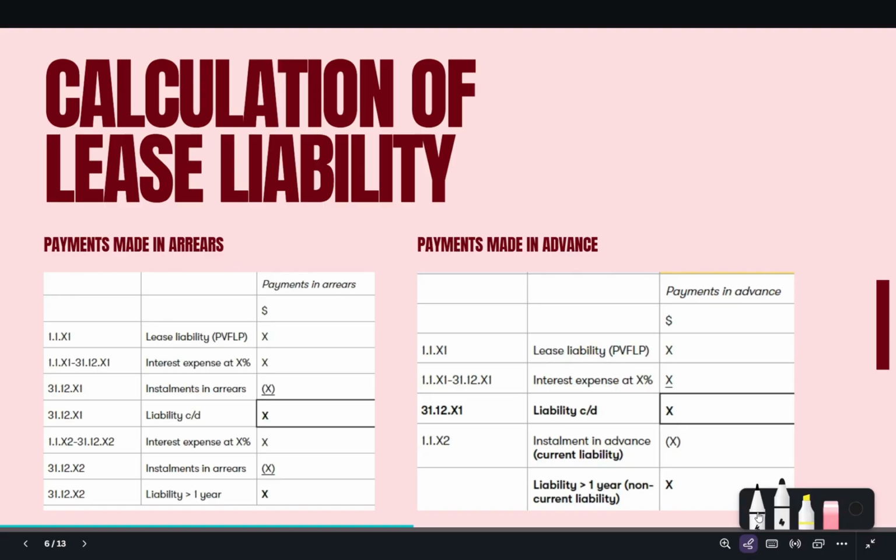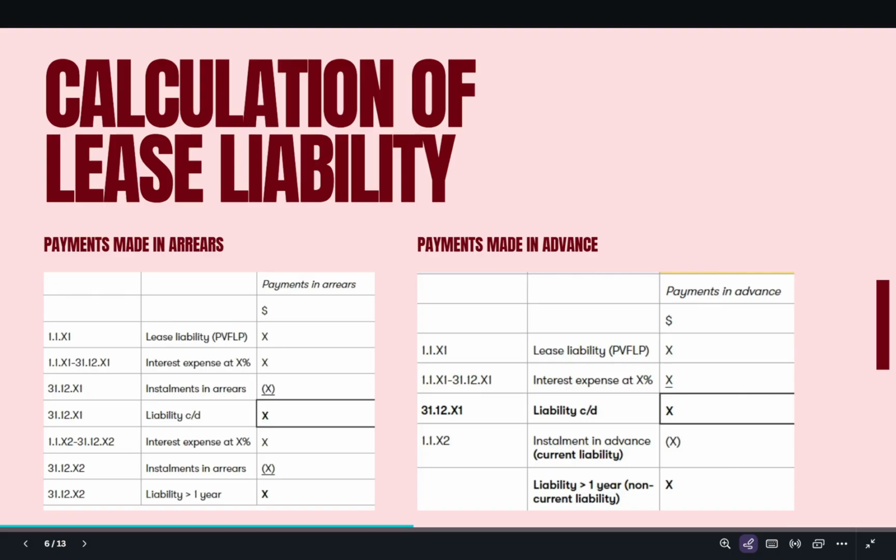And then you can find the interest expense by multiplying the PVFLP with the interest rate. There you find the interest expense. And then for the installment in arrears, you can find it in question 2. And then by adding the interest expense and subtracting the installment, you will find the liability at the end of the period.